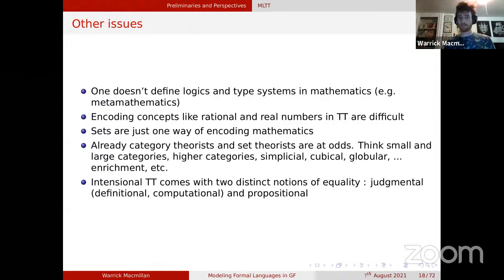So other issues: one doesn't define logics and type systems in mathematics. Encoding concepts like rationals and reals in type theory is difficult. Sets are just one way of encoding mathematics, and types provide another perspective on what it means to construct something. So we can just say that there's already debates within the mathematics community, computer scientists aside, like category theorists and set theorists, about things like small and large categories, higher categories, all these things that come from the categorical perspective.